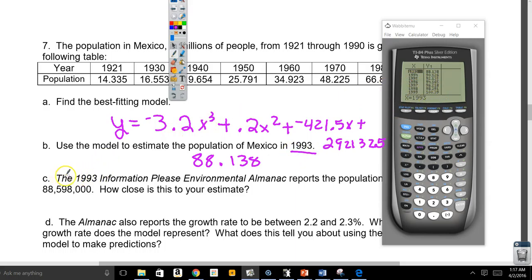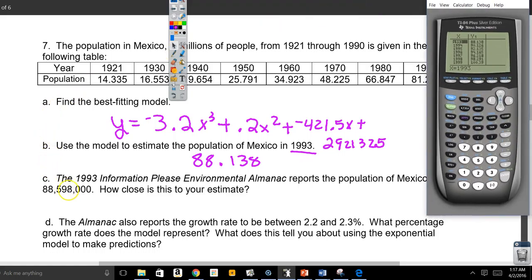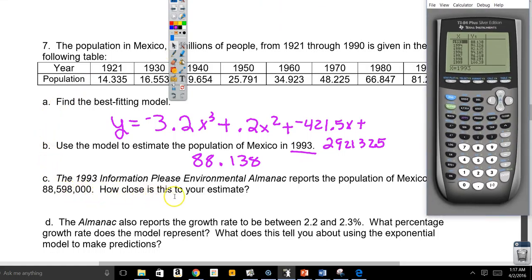It says the 1993 Information Please Environment Almanac reports the population of Mexico to be 88.598 million. How close is this to your estimate? So this is in millions of people, so that would be 88,138,000. So how close were we? We were within 500,000, a little less than 500,000.